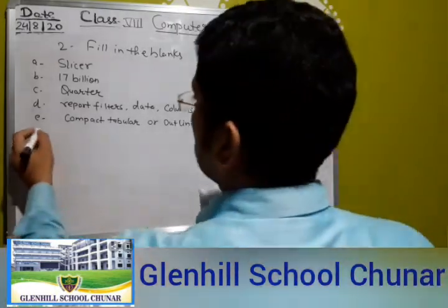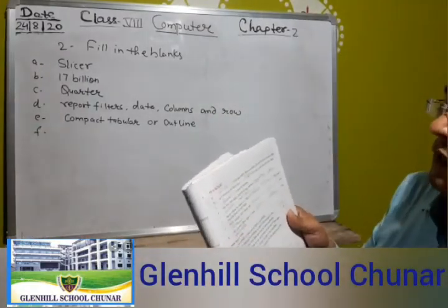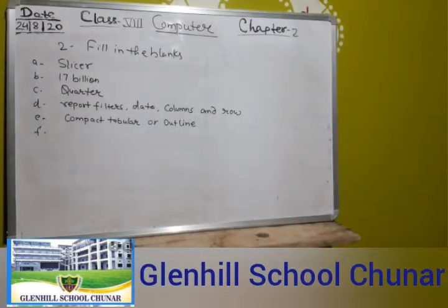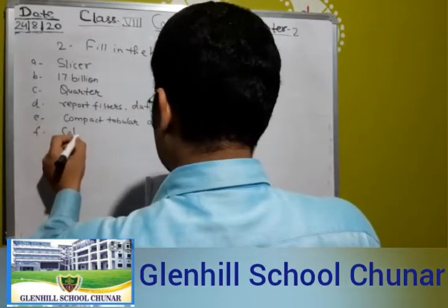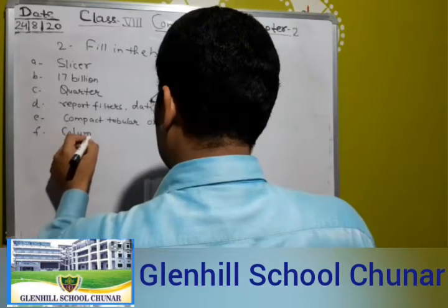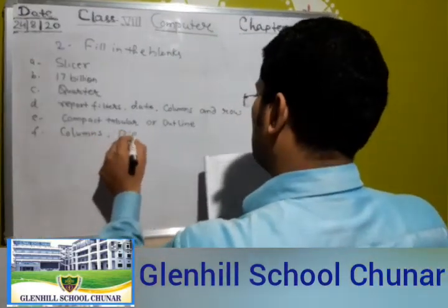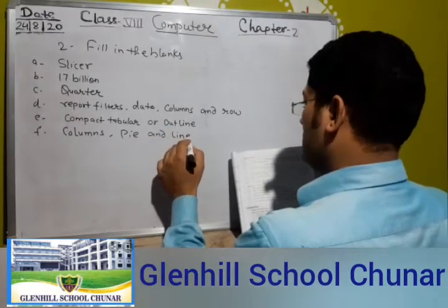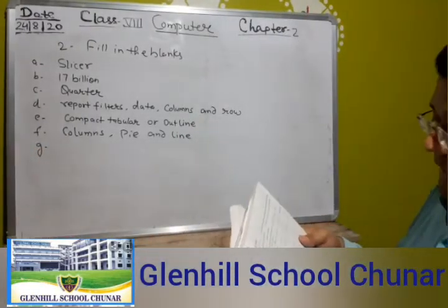F. 3 popular chart types are column, pie, and line. And last, fill in the blanks.